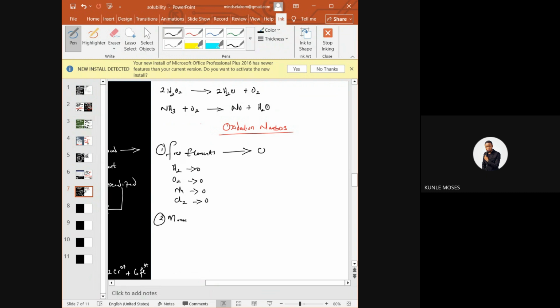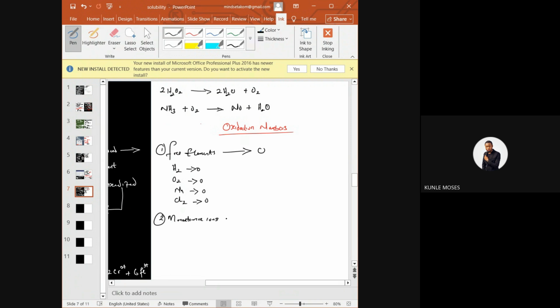Another thing you need to know is the monoatomic ions. The monoatomic ions are atoms that have just one atom with a charge. Let me just put it that way. So here, the oxidation number would be the charge of that ion.